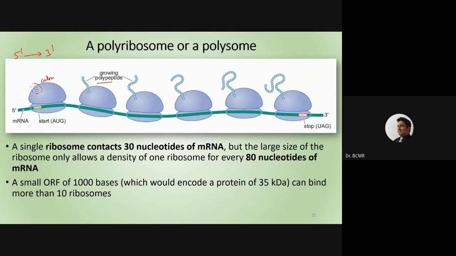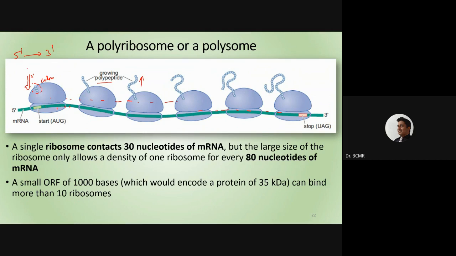As the ribosomes move this way, they will read more codons, and the polypeptide chain will keep growing. The first amino acid to be added, I'll draw the tRNA like this, and this is the 3 prime end of the tRNA.